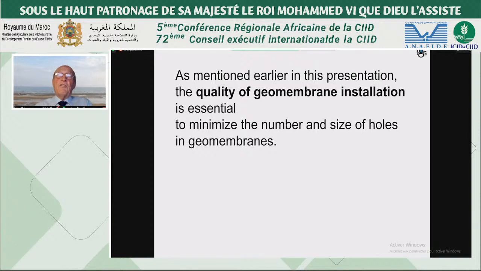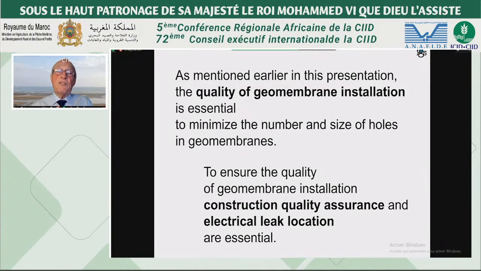As mentioned earlier in this presentation, the quality of geomembrane installation is essential to minimize the number and the size of holes in geomembranes. And to ensure the quality of geomembrane installation, construction quality assurance and electrical leak location are essential.